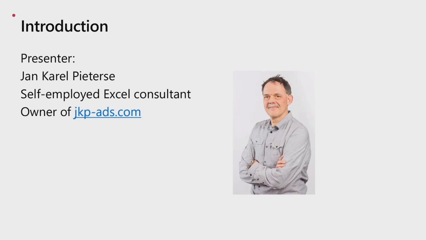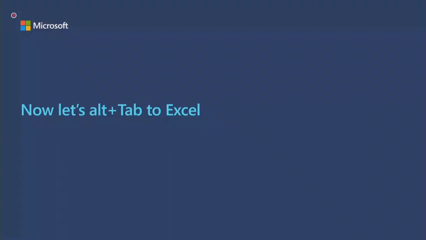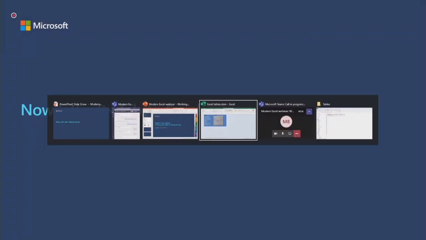Head over if you have time after this webinar or during the webinar for all I care, and have a look at the utilities I have over at my site and the Excel articles. And like I said, I've been an Excel MVP since 2002, so this is calculating the 19th MVP award that I've received. Wow. So let's alt tab back to Excel, which is where the fun is.